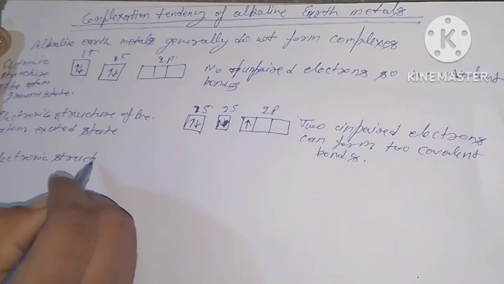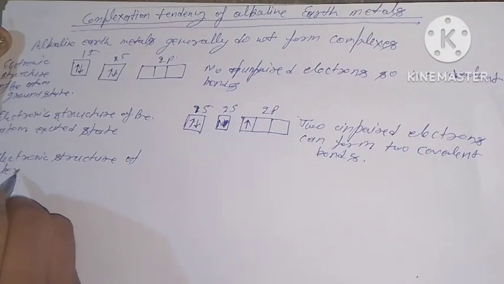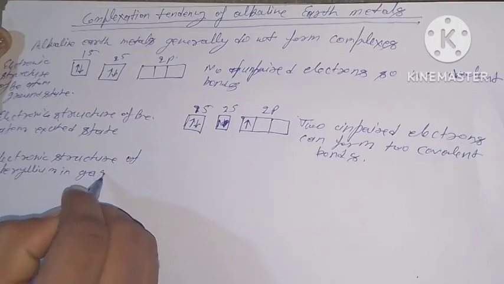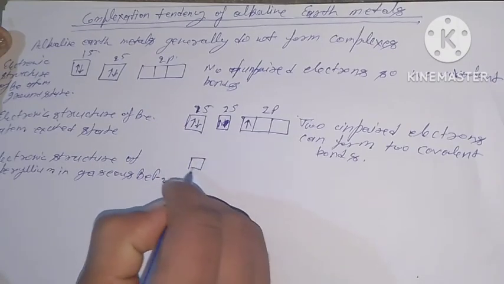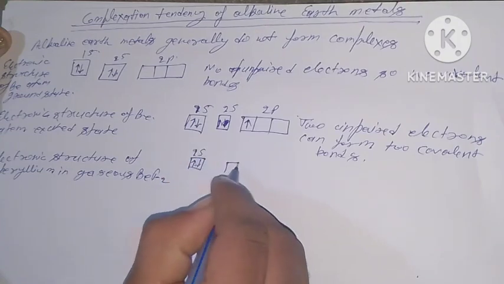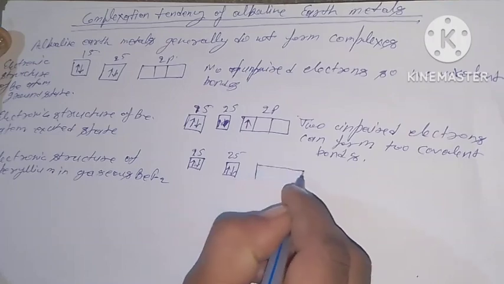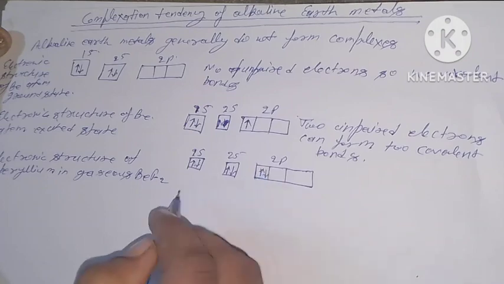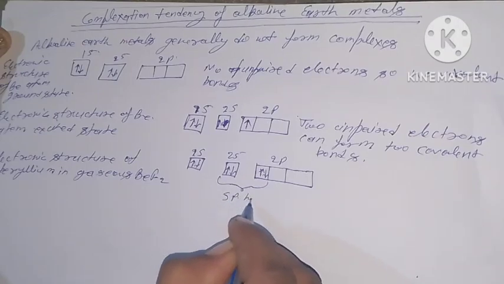Electronic structure of beryllium in gaseous beryllium fluoride, that is 1s, 2s, 2p.